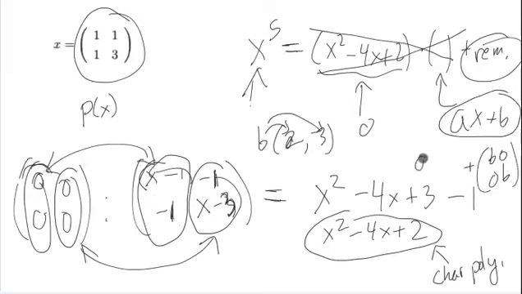Okay, we could just have A multiplied to the matrix X. So 1, 1, 1, 3. So this right here, for some A and B, is going to give us x to the 5th. We just have to figure out what that ax plus b is.